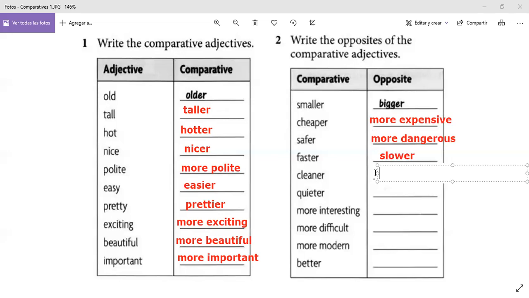So how do you say sucio in English? Dirty, very good. And what is the comparative of dirty? Dirtier. Dirty, dirtier, okay?